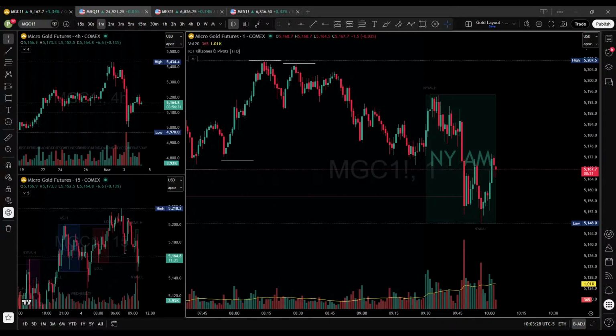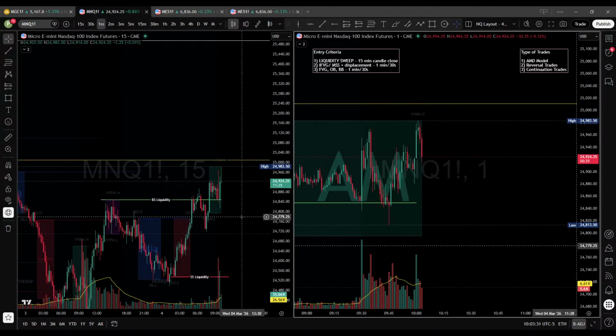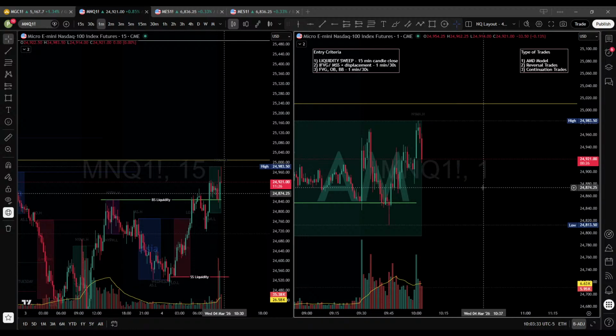Not good. It's too choppy right now. Again, the same thing.